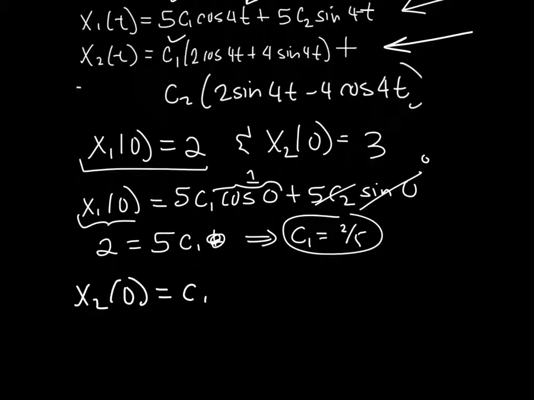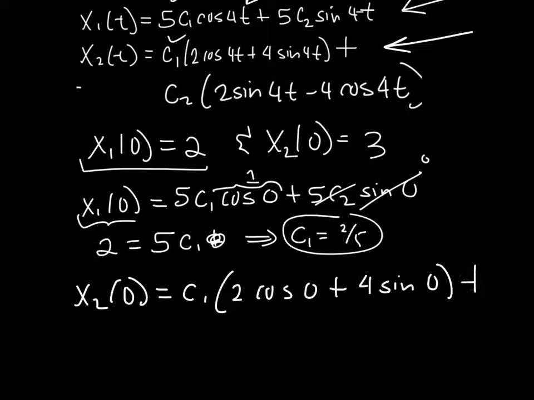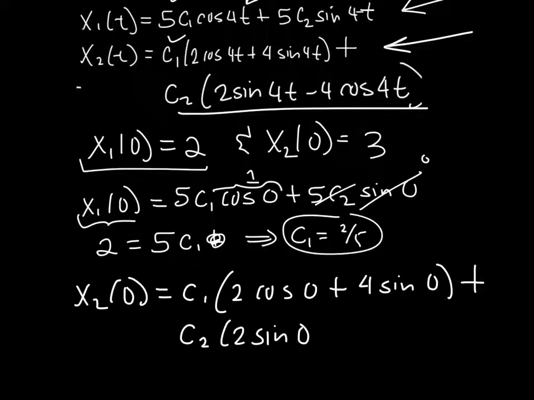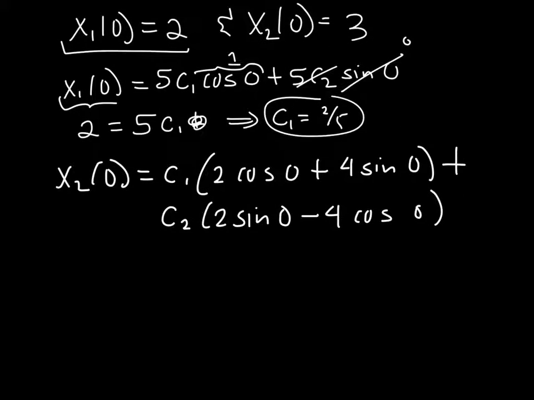So I have c1 times 2 cosine of 0, plus 4 sine of 0, plus c2 times 2 sine of 0 minus 4 cosine of 0, and again, 4 times 0 is 0. And this is 3. And again, all my cosines of 0 are 1, right? Because at 0 degrees, the x-coordinate is 1.